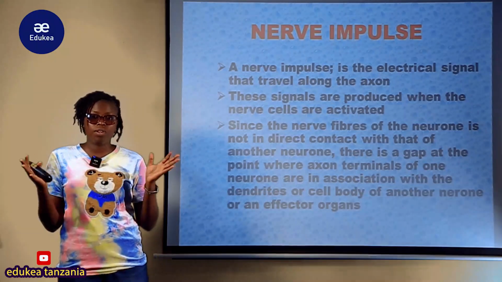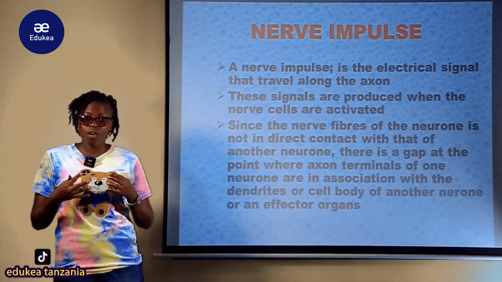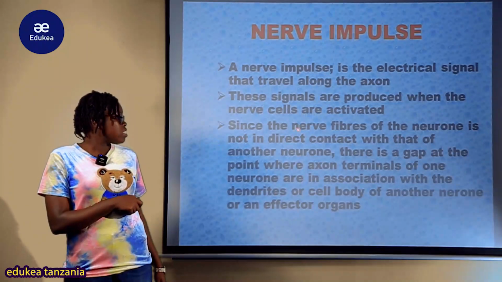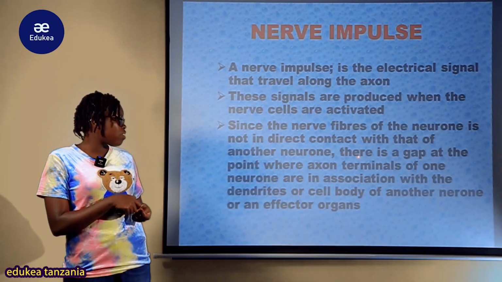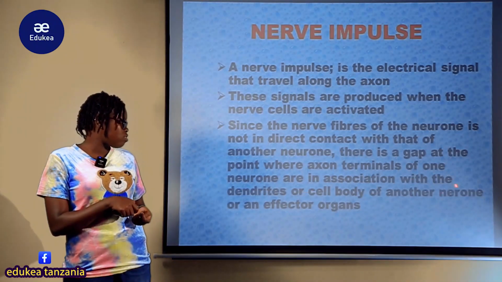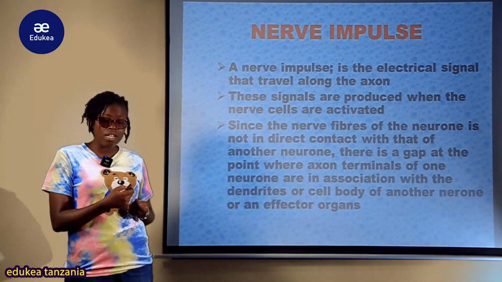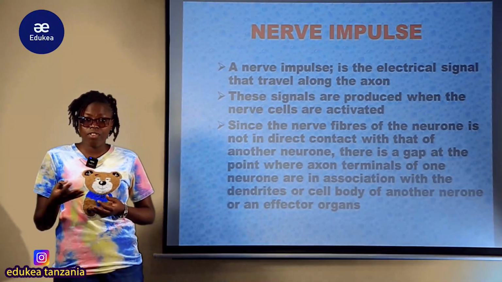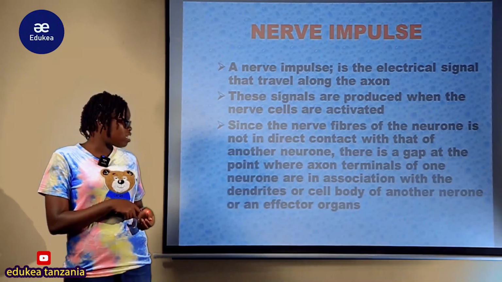So there is no direct contact, kuna kuwepo na small gaps there kwa ajili ya kuweza kurelay those information. Since the nerve fibers of neurons are not in direct contact, there is a gap at the point where the axon terminal of a neuron is in association with the dendrite or cell body of another neuron. Kwa sababu dendrite ndio tunasema kwamba kazi yake ni katika collection of signals from different sense organ or sensory cell, na inakuwa ina direct kwenda katika cell body.